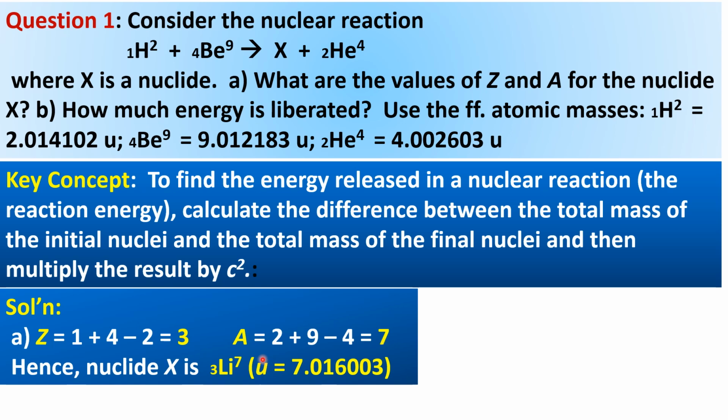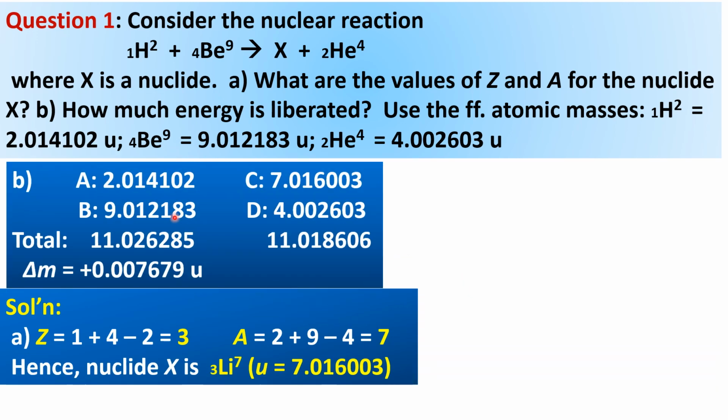So the unknown nuclide, with an atomic number of 3 and a mass number 7, is actually the element lithium, whose atomic mass is in fact 7.016003 atomic mass unit.